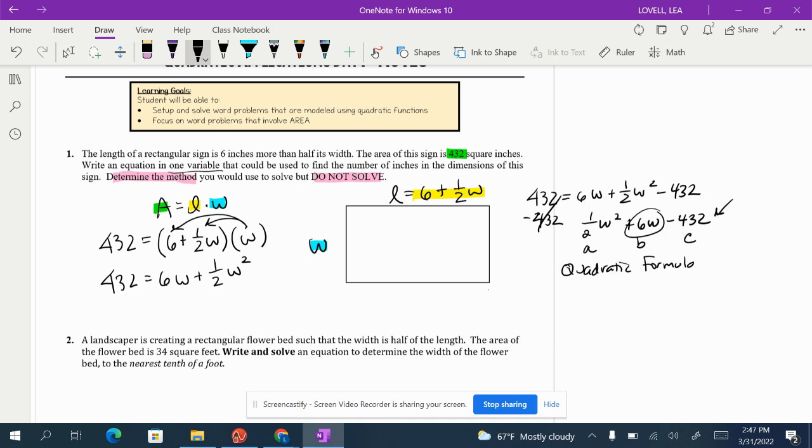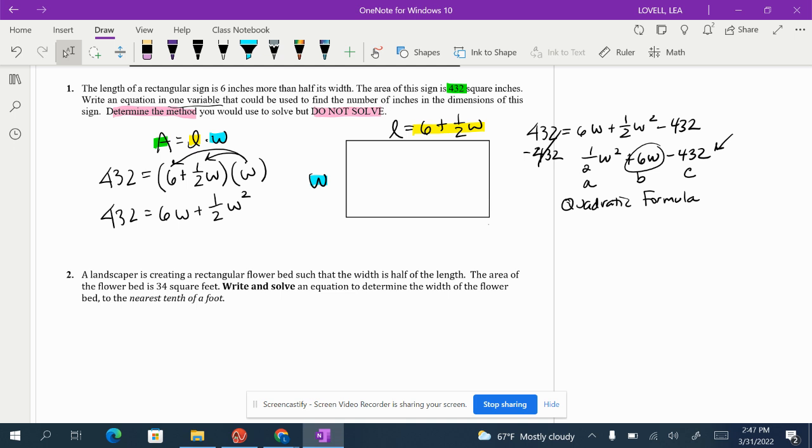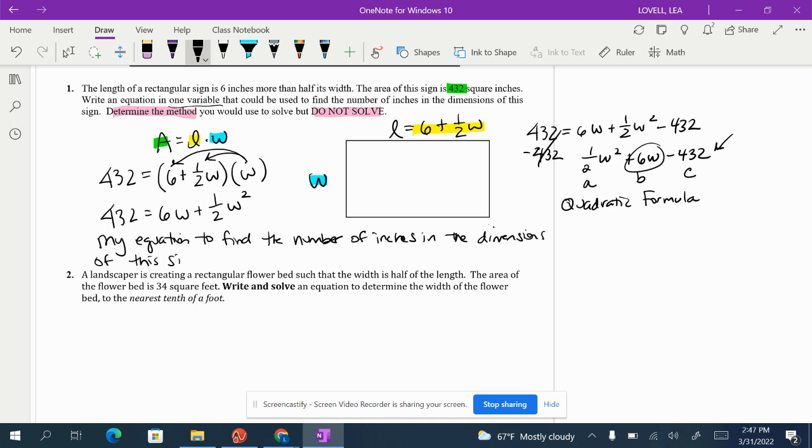So let's just write our answer in a complete sentence, like this is the Regents, because it's always good to practice that. We would say, my equation to find the number of inches in the dimensions of this sign is 432 equals 6W plus 1/2 W squared.